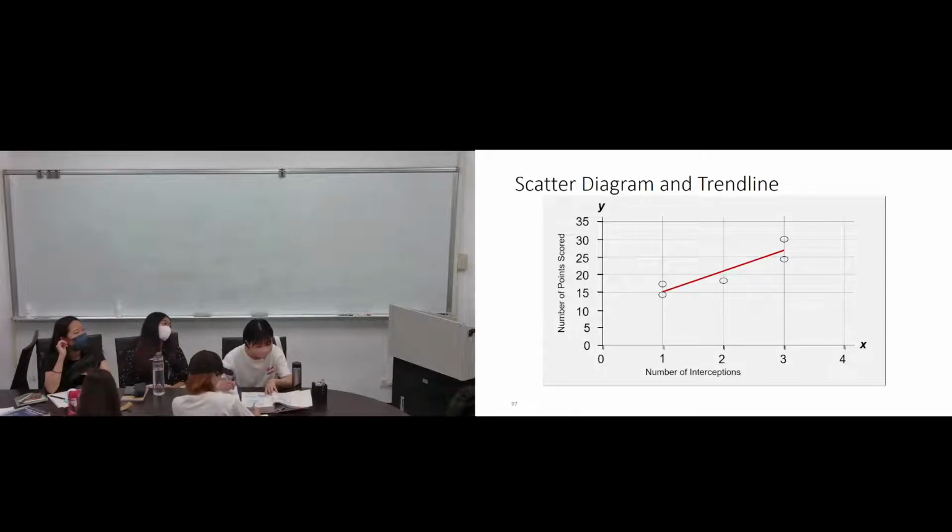It seems that there is a positive relationship between the number of interceptions and the number of points scored. So the more interceptions, the higher the points scored. That's how we draw the scatter diagram and trend line. The trend line indicates the relationship between these two variables.